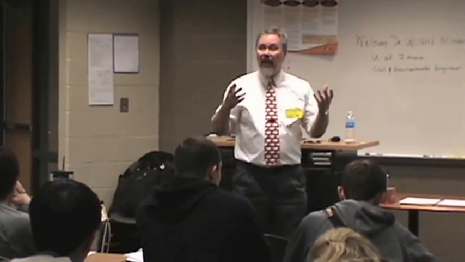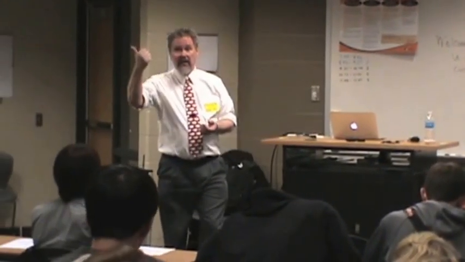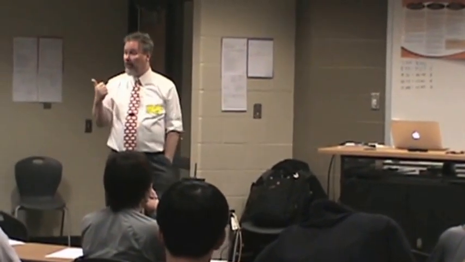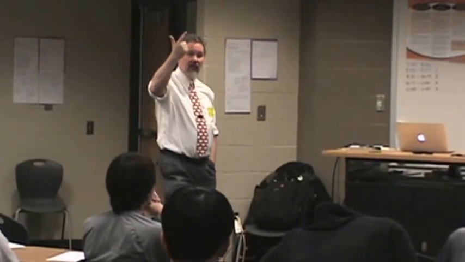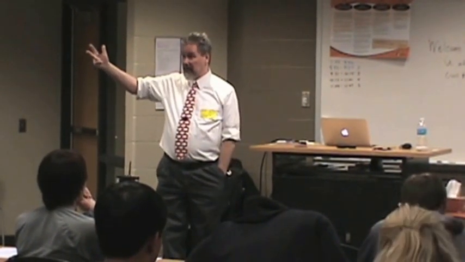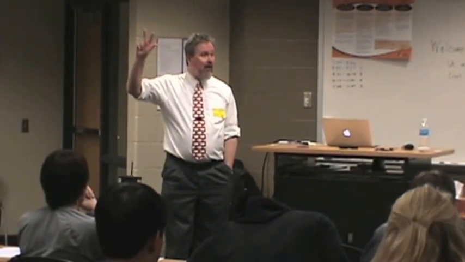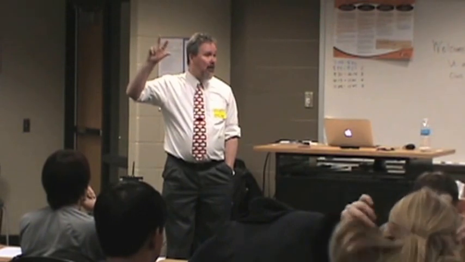Okay. It involves balancing a number of things. It involves balancing societal needs, things like safety and the economy, with costs and with environmental concerns. This is part of what it means to be sustainable in our road system.